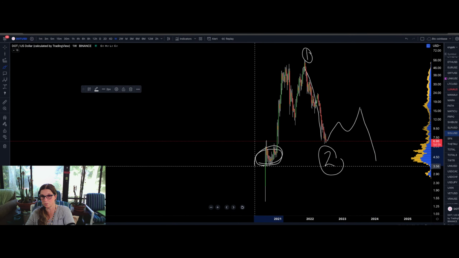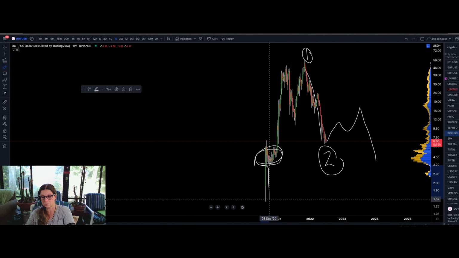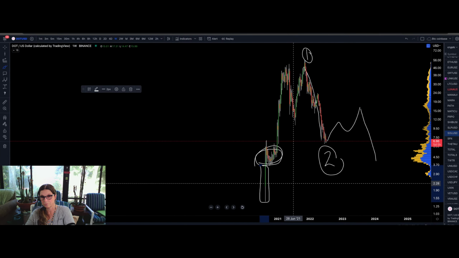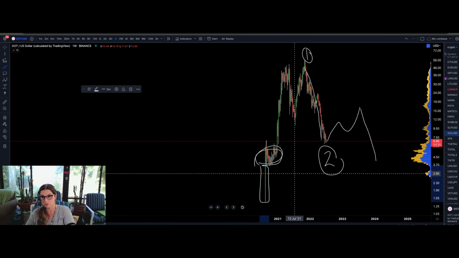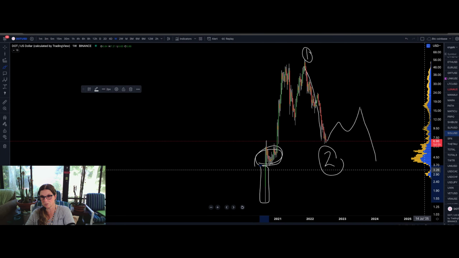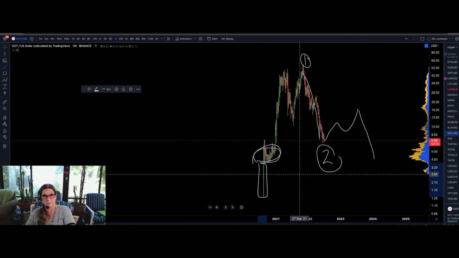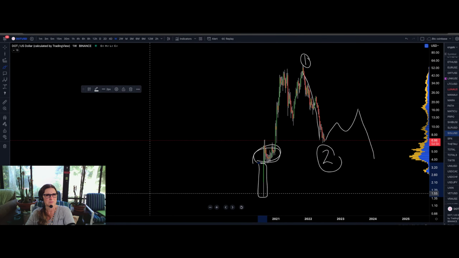Why do I say it needs to hold it? Because this is an insufficiency. There's nothing there. There's a little tick here, but maybe there's more data.